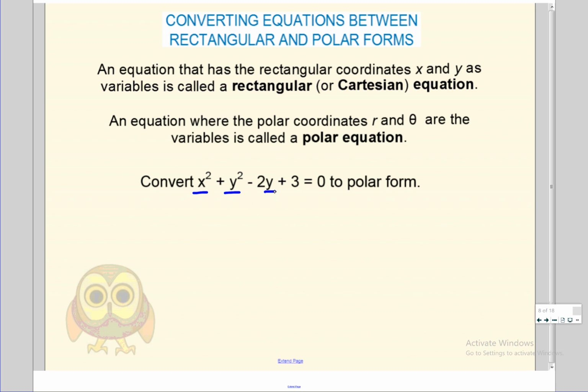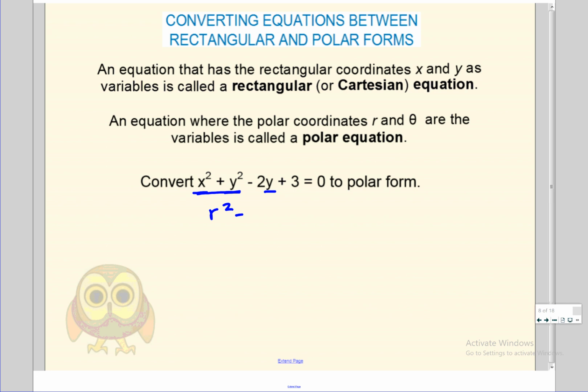So x squared plus y squared, I could convert each of those individually, but together as a whole they create what from yesterday? Do you remember what x squared plus y squared was equal to? R squared. That's just the Pythagorean theorem. So the only other piece that needs substituted here is the y.